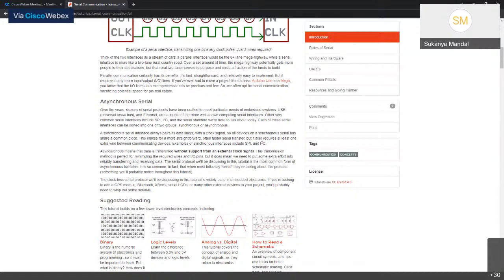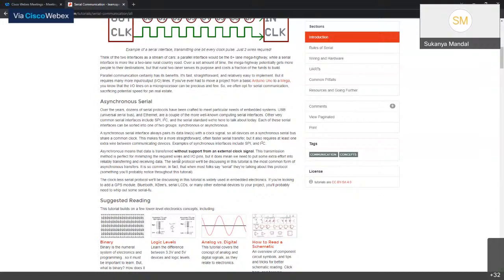There is, of course, USB, Universal Serial Bus, Ethernet, and a couple of more well-known computing serial interfaces. Other very common serial interfaces are SPIs and I2Cs, as we were discussing, but I'll cover those in depth a while post this. And also the serial standards we talk about every day.